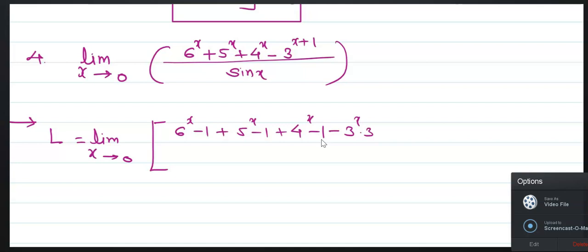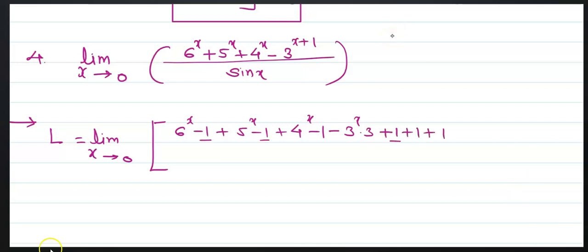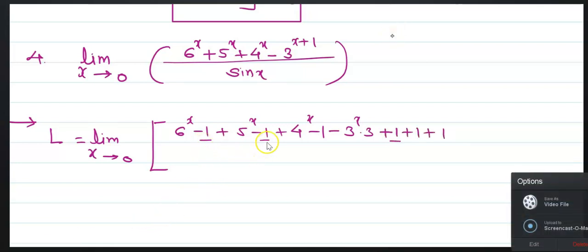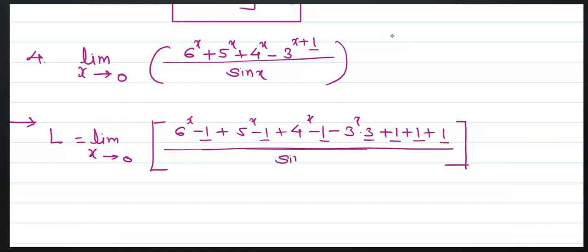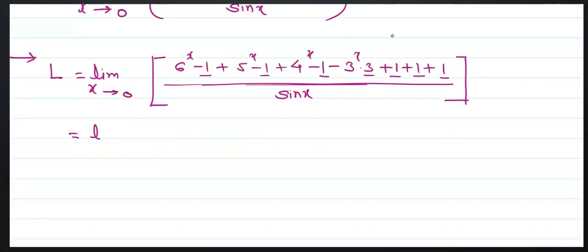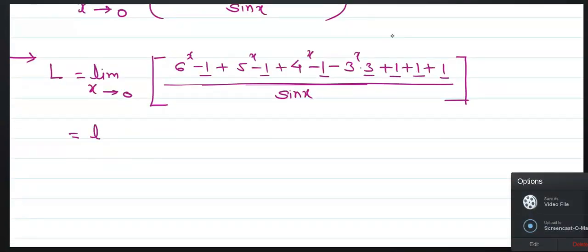To balance this, we add here plus 3. Now see this here. All these minus 1, minus 1, minus 1 are balanced by this plus 1, plus 1, plus 1. The next is all these upon sin x. This is the first part. This is important: all these minus 1 are balanced by this plus 1.